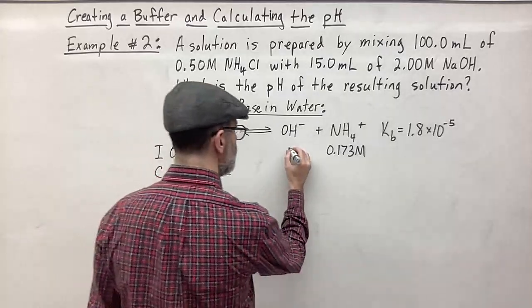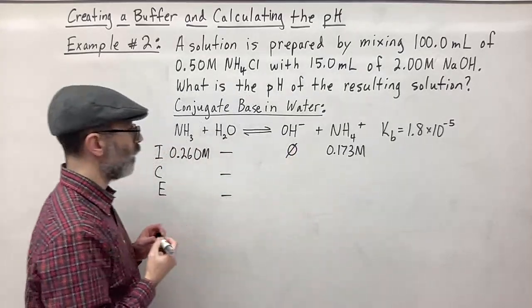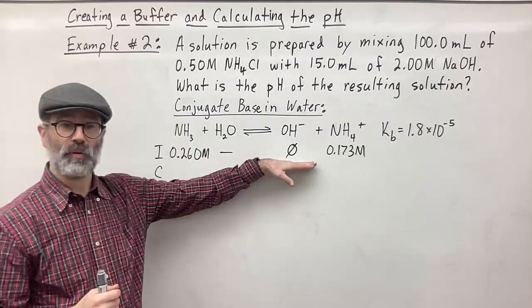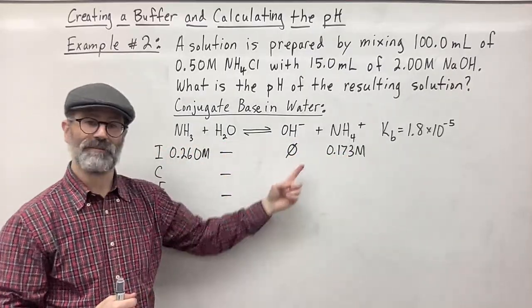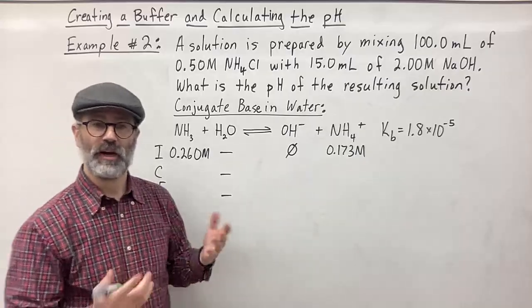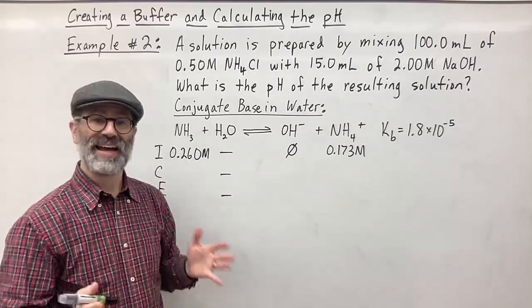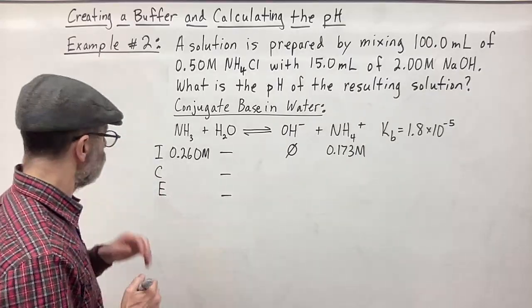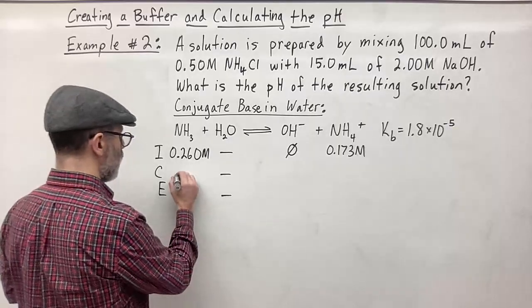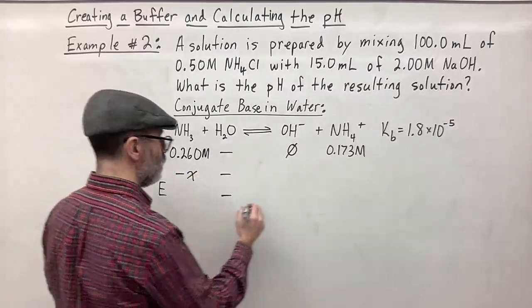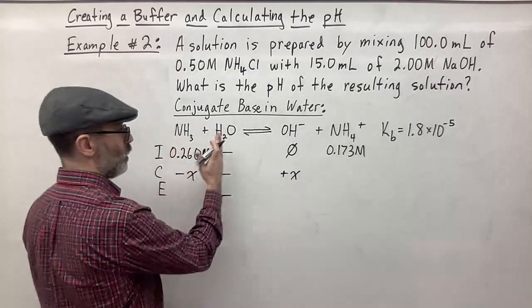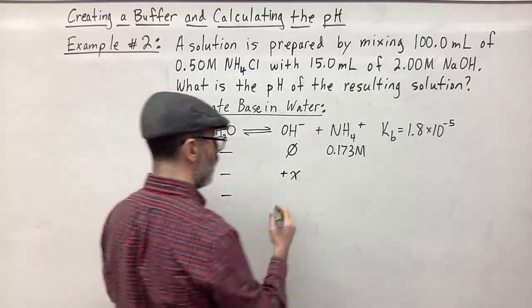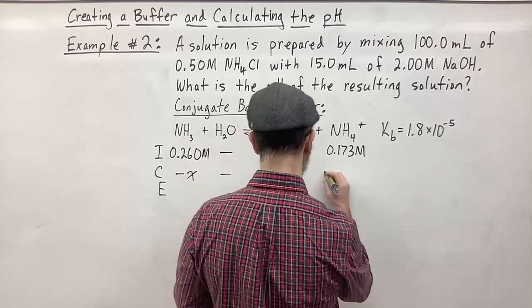And this is at 0. Because we have 0 product on this side, it's going to shift towards the product because we've got to fill in that vacuum. You're never going to have 0 of anything at equilibrium. So we know we're going to lose an X amount here, and we're going to gain an X amount here because it's a 1-to-1-to-1-to-1 stoichiometric ratio.